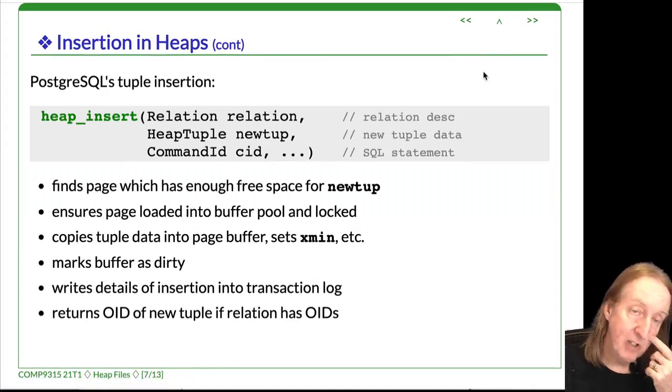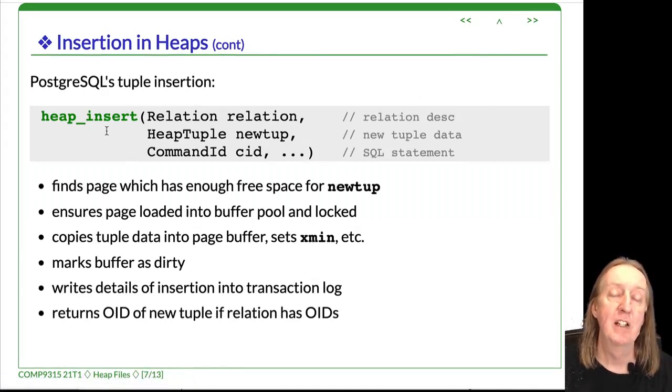Right, so what does Postgres do? Well, it's got a function called heap insert. Surprise, surprise. It's inserting to a heap file associated with a particular relation. Obviously, we've got a tuple that we're inserting. We talked about heap tuples before, about the structures.